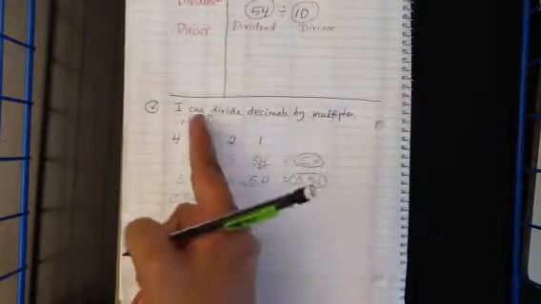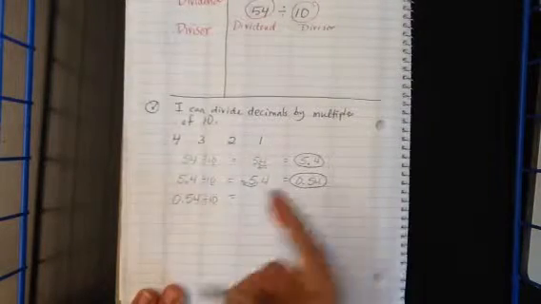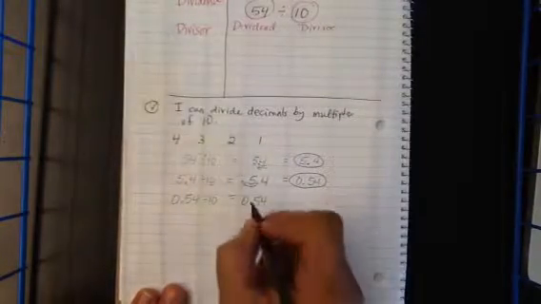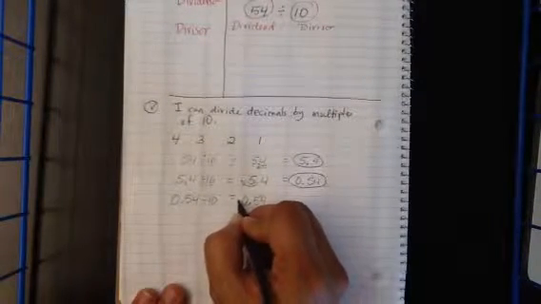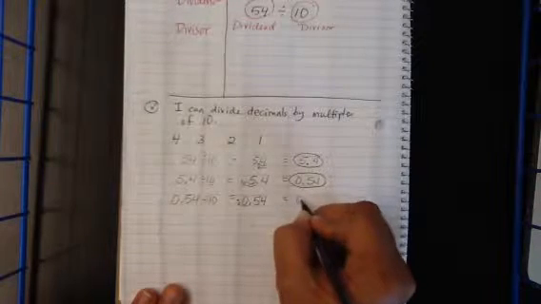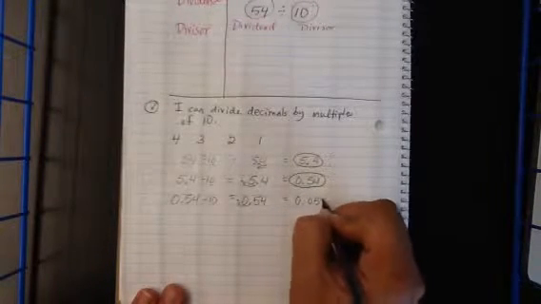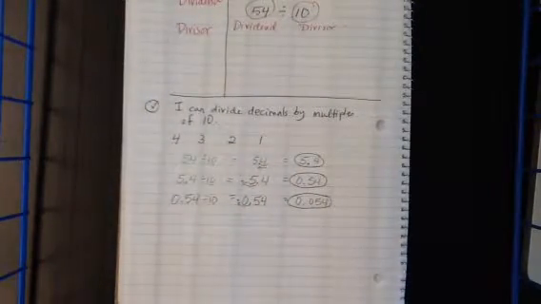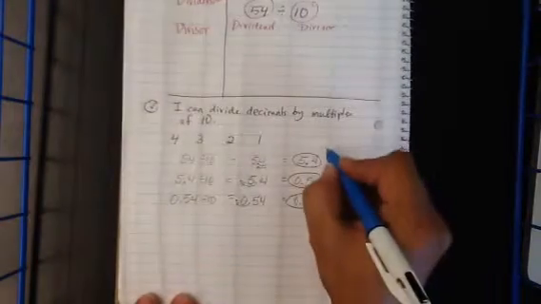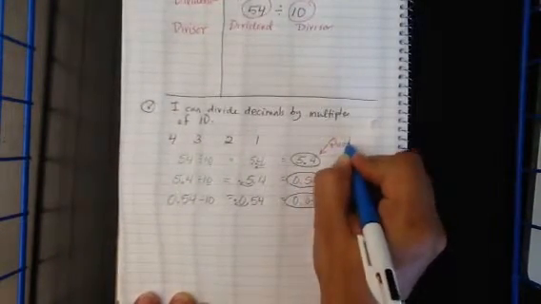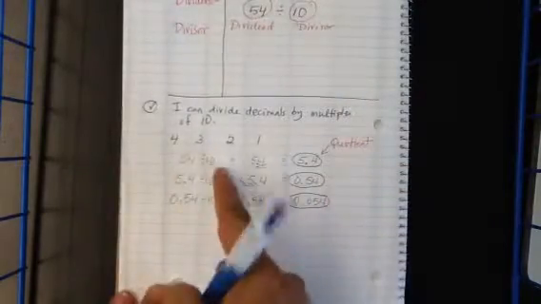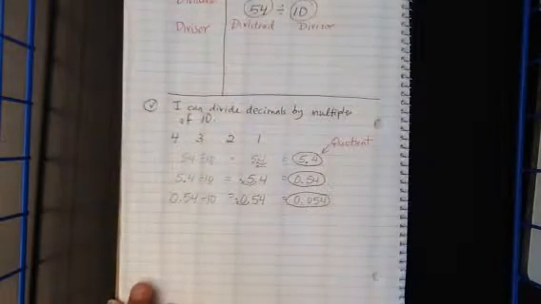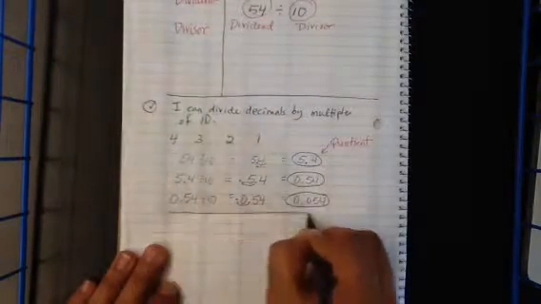And so if we're going to take 54 hundredths divided by 10, the decimal is going to move to the left 1 spot, and we end up with 54 thousandths as our solution, our quotient. Okay, and I'm going to add off to the side that these are in red ink, our quotient, our solution to our division problems.